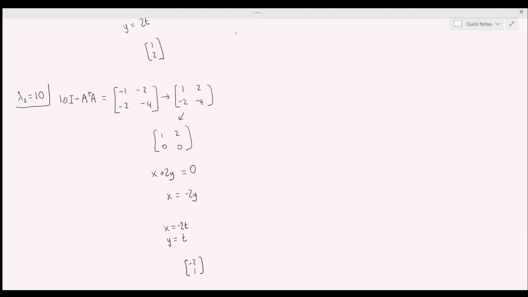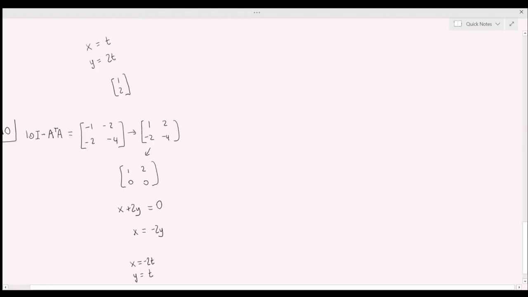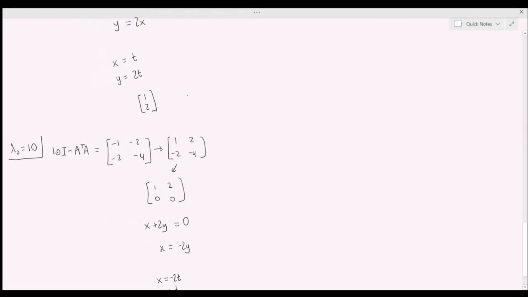So to make them orthonormal, we do need to normalize each of them as well. Okay, so to normalize, we'll divide each of them by their length. So here the length of this vector would be square root of 1 squared plus 2 squared. So divide by square root of 5.